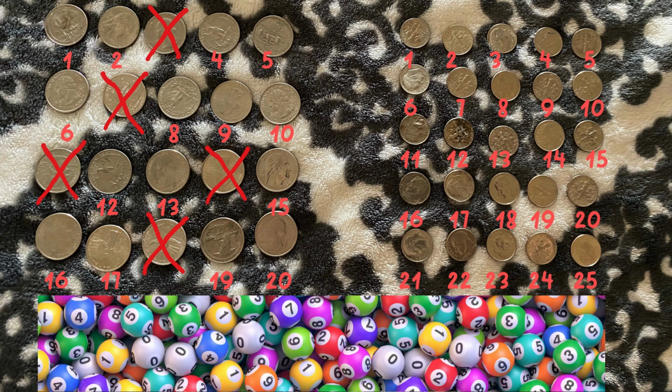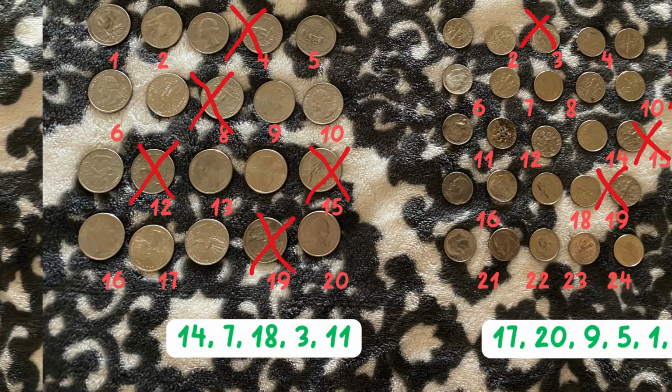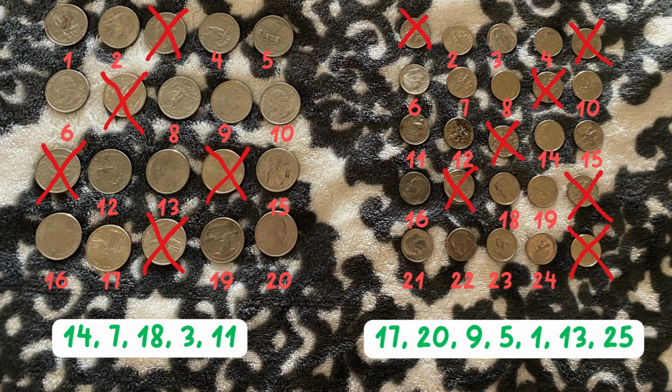Then we do the second draw for the dime stratum, and we get the numbers 17, 20, 9, 5, 1, 13, and 25.